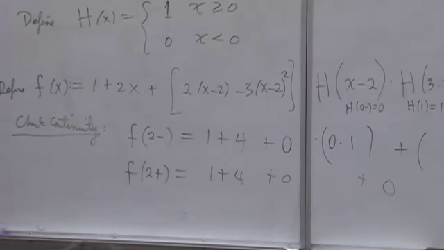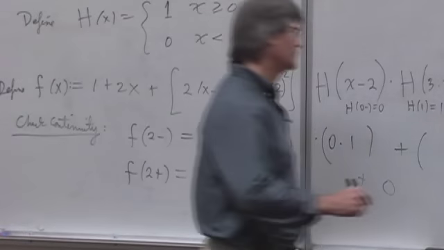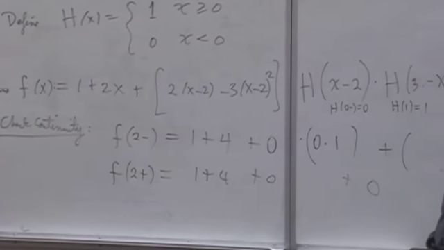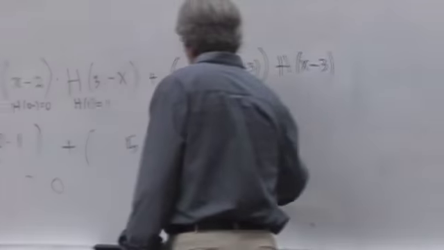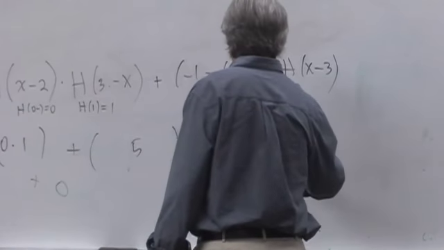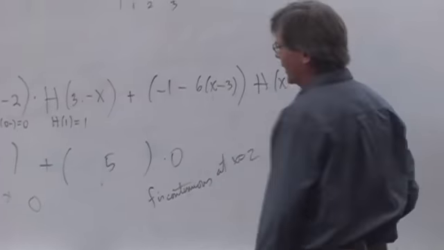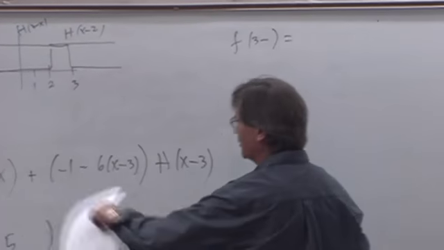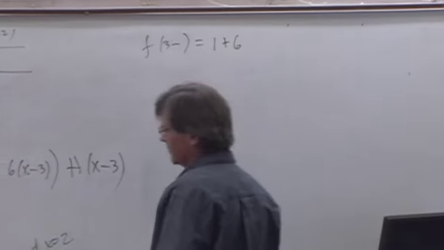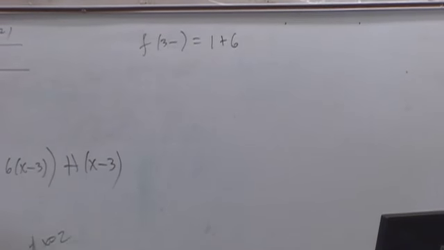What about at 3? What about at x equals 3? F of 3 from the left. Okay? Now I put in x equals 3, so I get 1 plus 6 for the first term. X equals 3 here from the left.